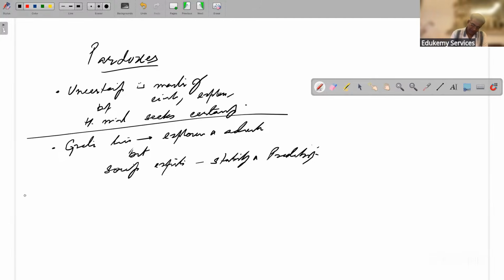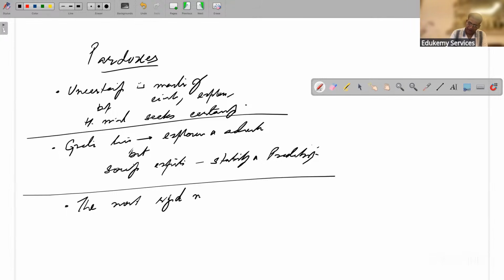Okay? The most rigid men are most vulnerable. ये भी paradox है. So Shiv, this is not a paradox, this is a counterpoint. ये counterpoint है.